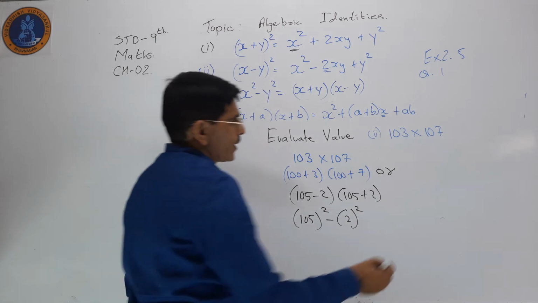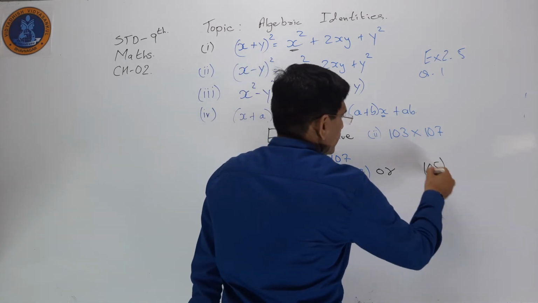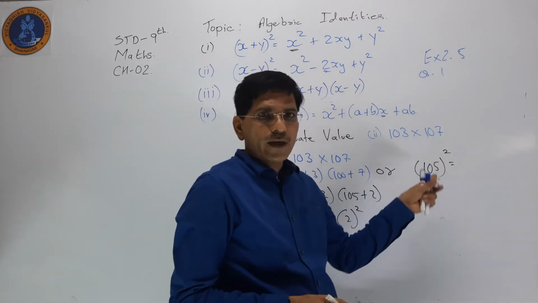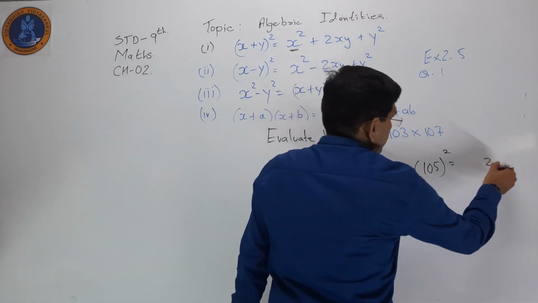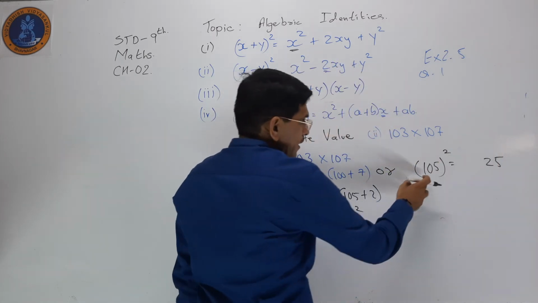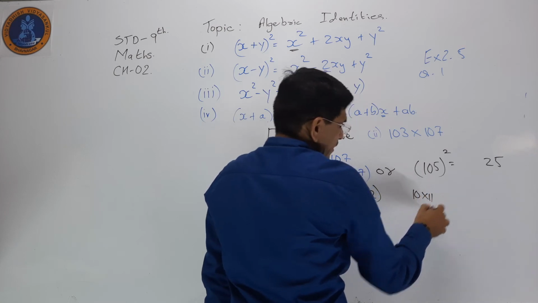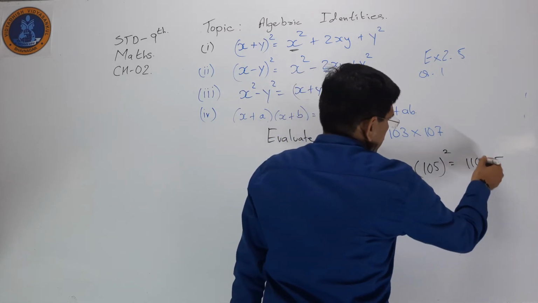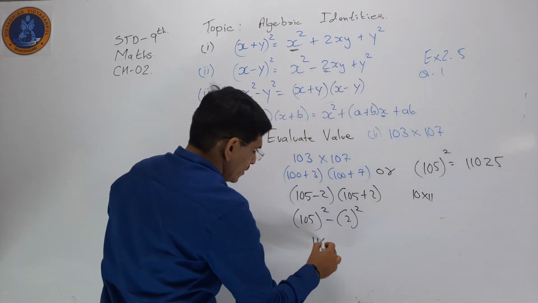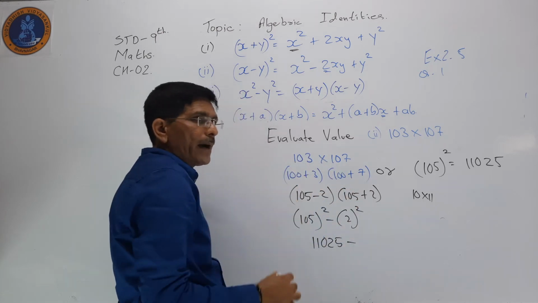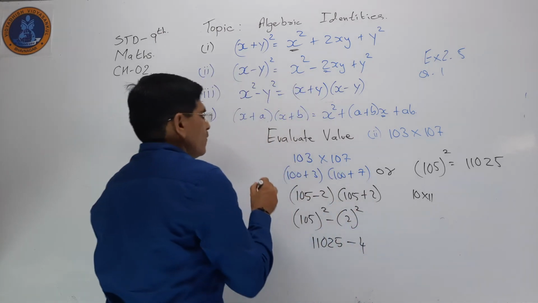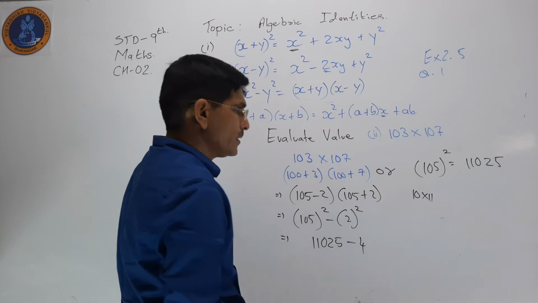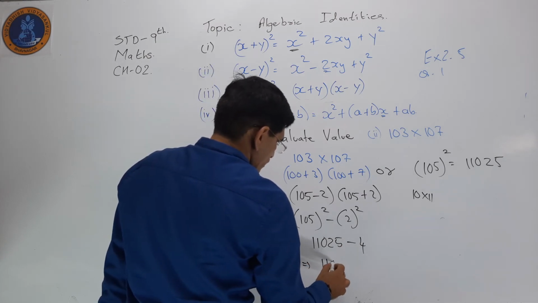Now 105 square, in 8th standard we already know how to find it: unit place 5 square is 25, then 10 into 11, the number after 10, that is 11, so 10 into 11 is 110. So we write 11025 minus 2 square, that is 4. So 11025 minus 4 is 11021.